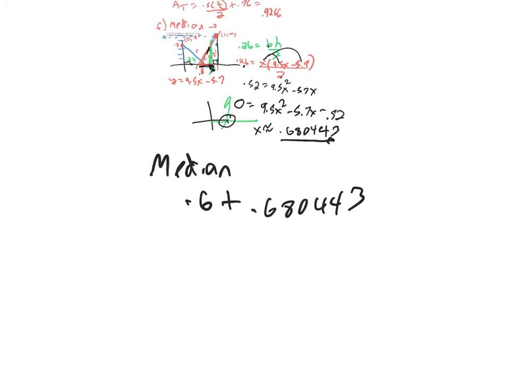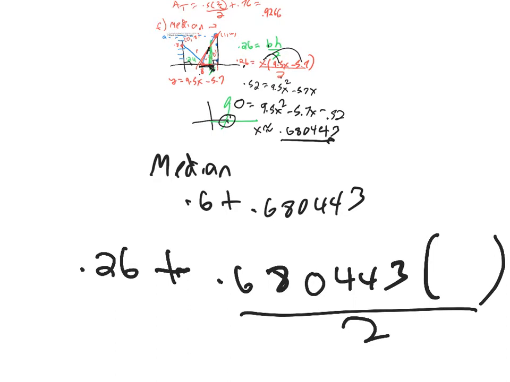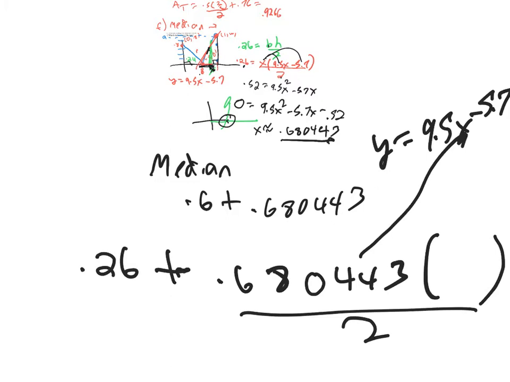So I want to take the 0.26 plus the base, if we think that could be the answer, 0.68044. Take that answer x and plug it into that equation we had, y equals 9.5x minus 5.7. Give me the height.